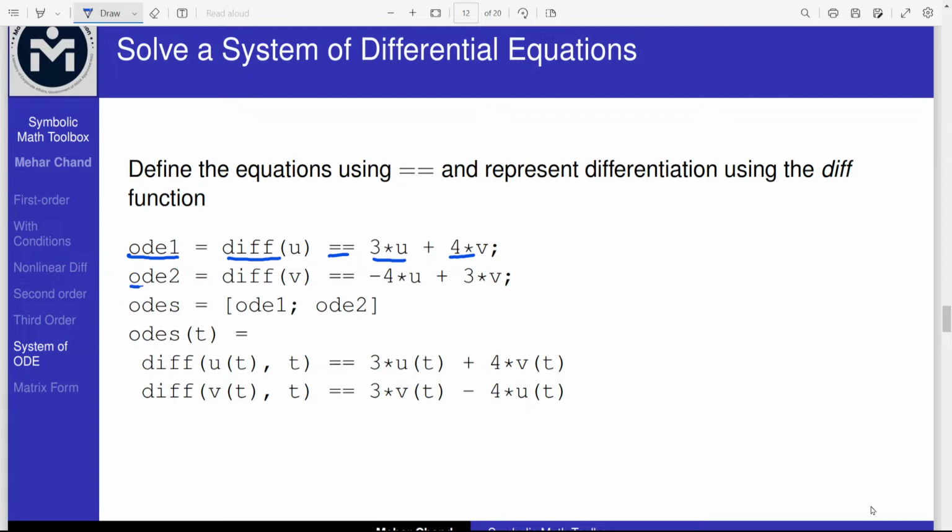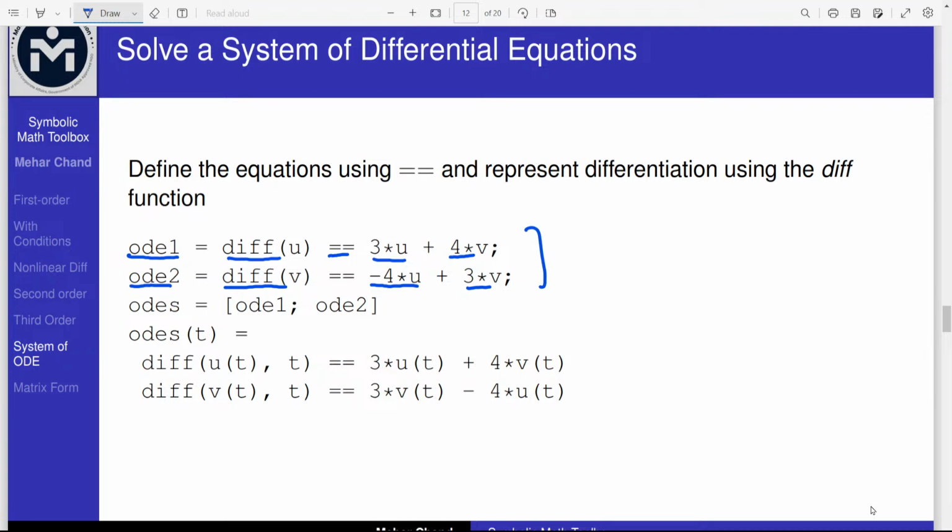And this is the second differential equation, ODE1 and ODE2. If you have three equations, then you will consider accordingly. Diff v is equal to minus 4u plus 3v. Sometimes you have a system of equations or mathematical models with two, three or multiple equations in first or second order.